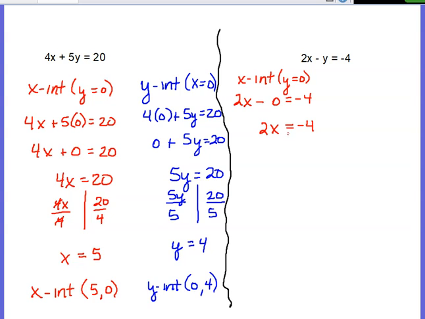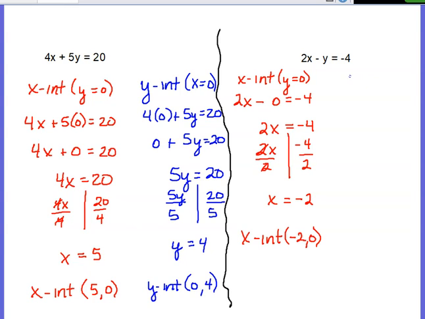So I'm going to solve for x. 2x divided by 2, -4 divided by 2. 2 over 2 is 1, so x is equal to, negative divided by a positive is a negative, it's negative 2. So my x-intercept is (-2, 0). Because that's my x value and my y is always equal to 0.